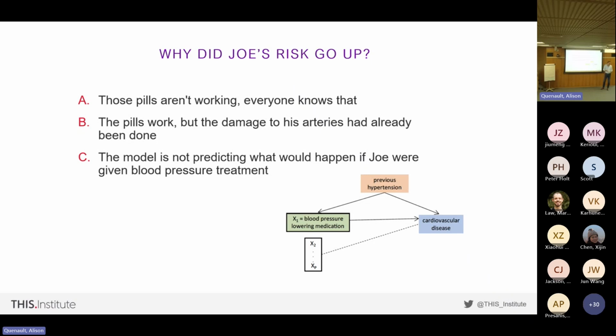And that's probably the reason why GPs in the past decided to put similar patients on antihypertensive treatment. So that's an unmeasured confounder, and therefore the variable of being on blood pressure treatment is actually increasing your risk.